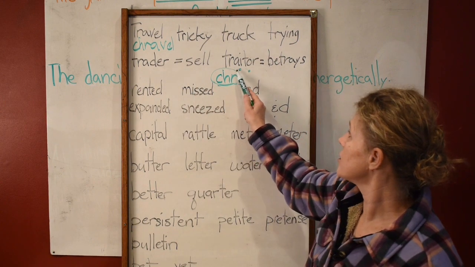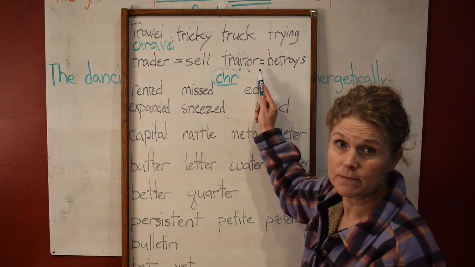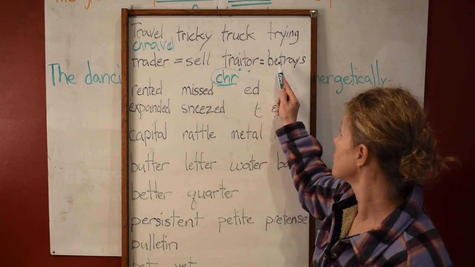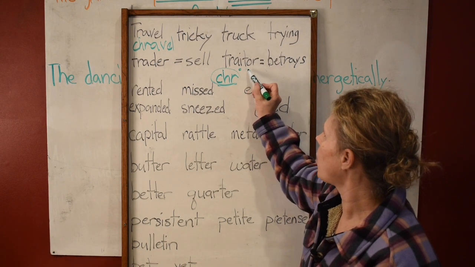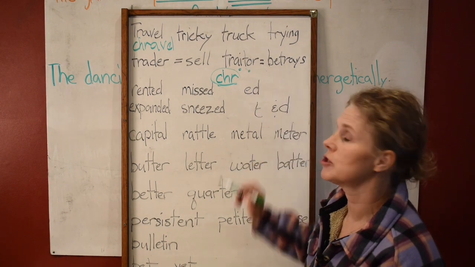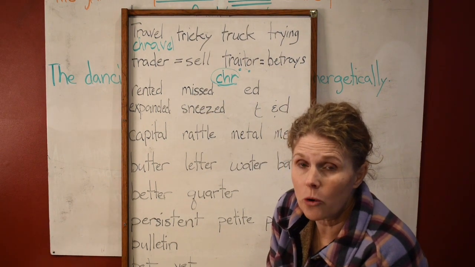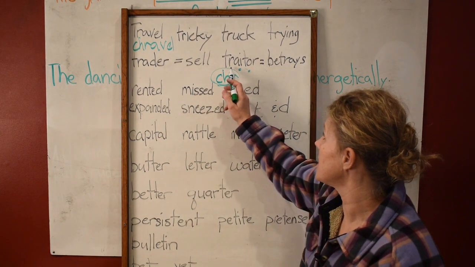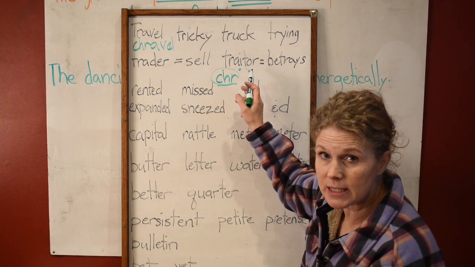Trader and traitor. But when you say it fast, this says trader. You're a traitor. That means you betray somebody. So that's what happens. That is the reason why this T is turning to the D sound. But if I were you, I would really focus on trying to say this with the T sound. That is the proper way to actually say it.